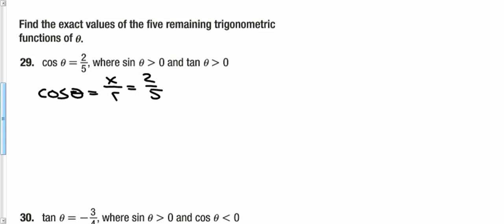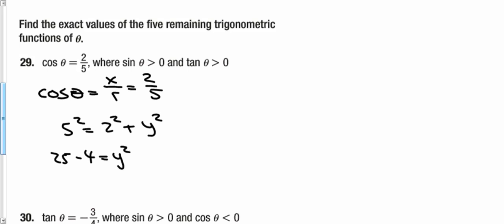So that means that I need y. So I know that 5 squared is going to be equal to 2 squared plus y squared. So that's going to be 25 minus 4 is going to be equal to y squared.